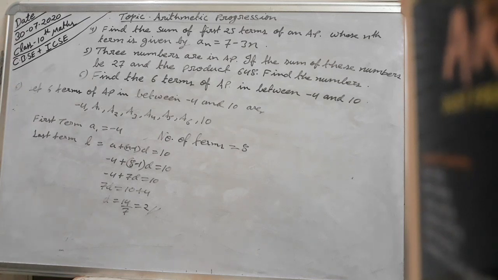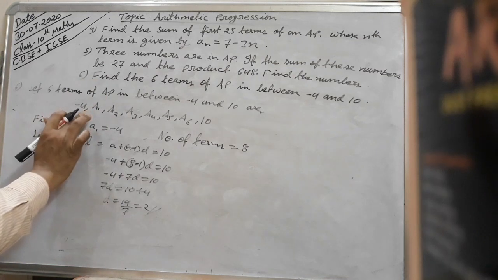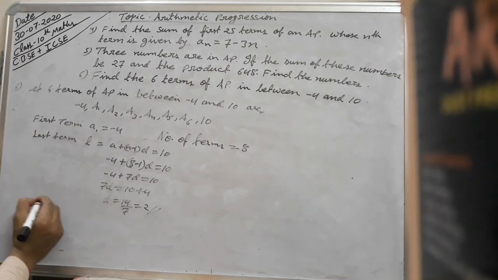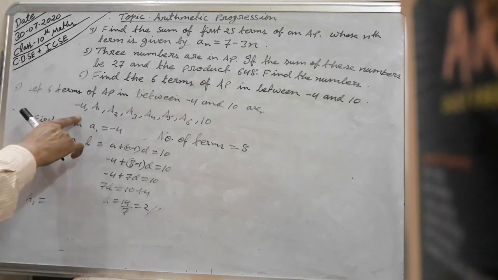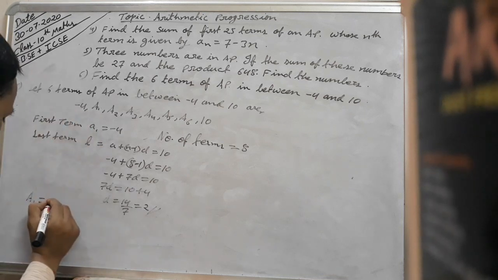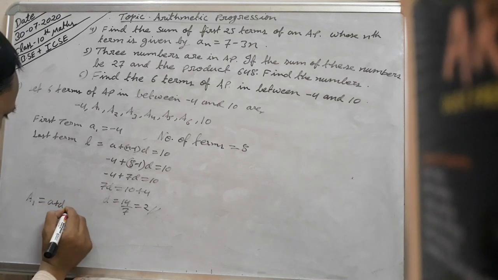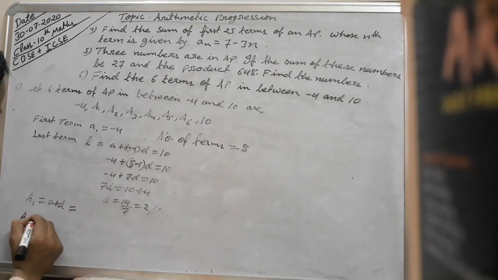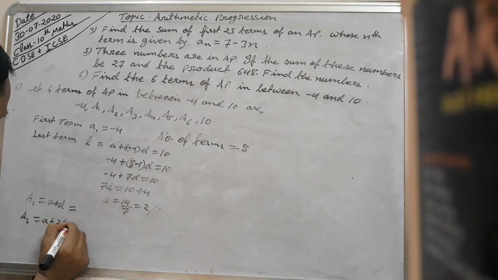Now you got the value of D and A. Now what is the value of A1? Minus 4 is the first term, A1 is the second term. First term is A, second term is A plus D. A2 is A plus 2D. A3, A plus 3D.